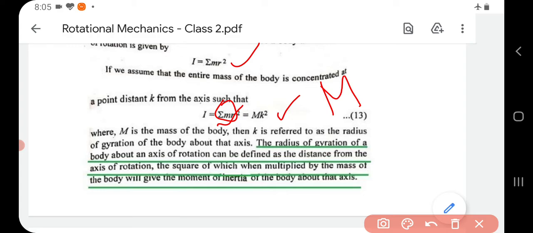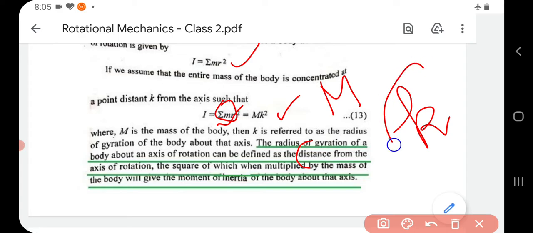Thus, radius of gyration is denoted by the letter k, and it is defined as the distance from the axis of rotation, the square of which when multiplied by the mass of the body will give the moment of inertia of the body about that axis.